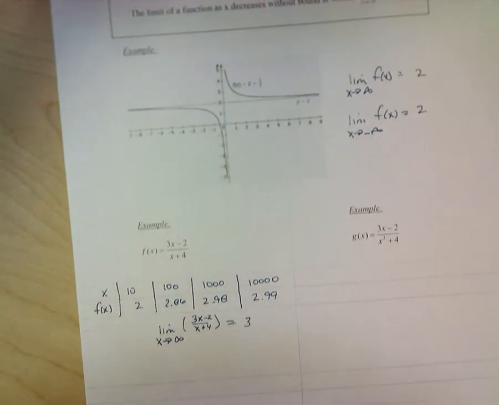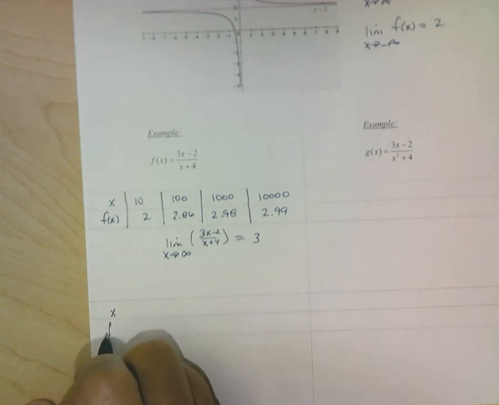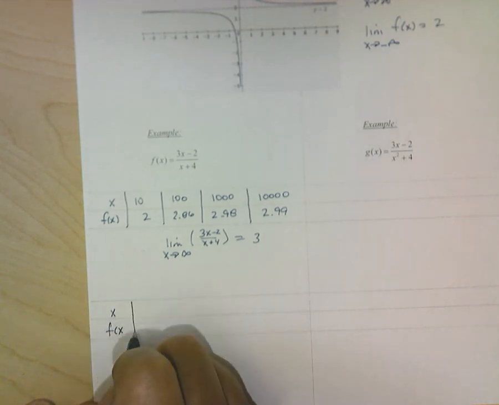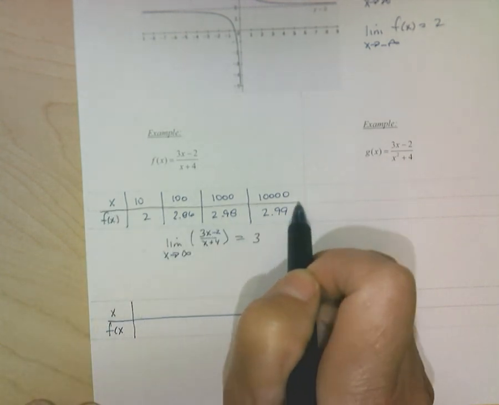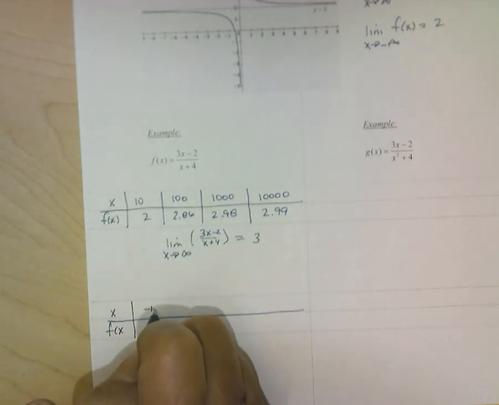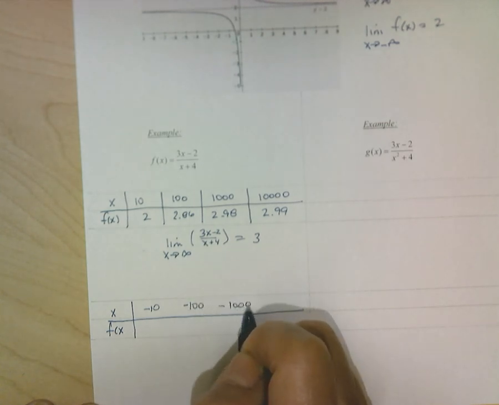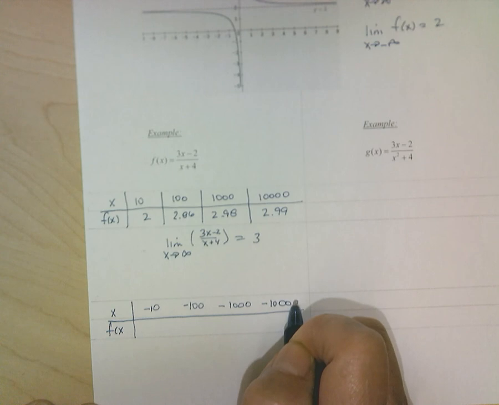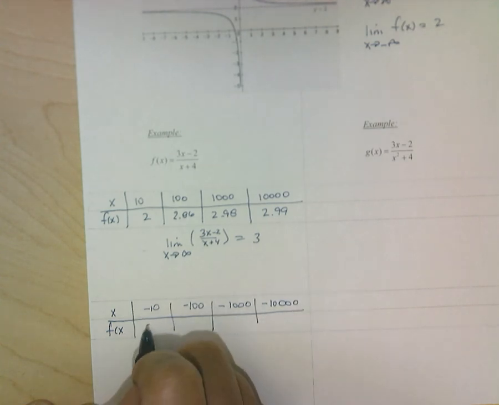If I look at what's happening towards negative infinity, so here I've got x and f of x. So we get negative 10, negative 100, negative 1,000, and I could keep going. I'm just going to stop here because you get to see the idea. At negative 10, I get 5.3.